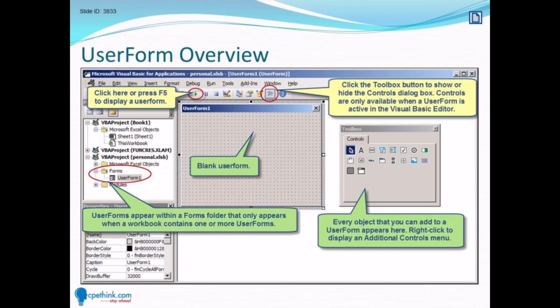To begin, we see that when we insert a user form, we then gain a Forms folder within our Project Explorer. You will only see a Forms folder within workbooks that have user forms added, just as you will only see a Modules folder within workbooks that have macros within them. To display the user form on the screen, you can either press F5 or click the green arrow on the toolbar.